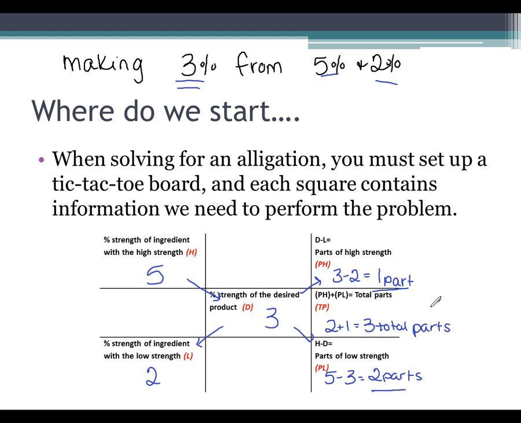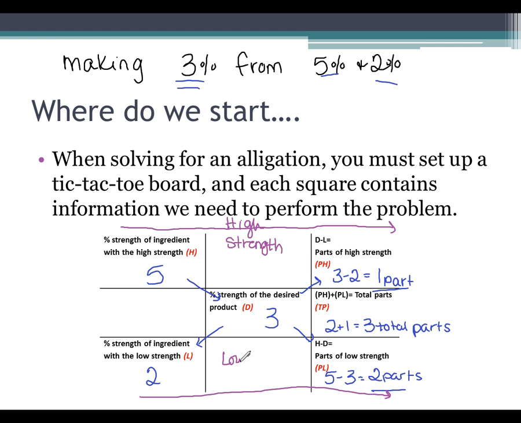One thing that I would like to point out is that everything going across the top of this tic-tac-toe grid goes with my high strength. Anything going along the bottom of the tic-tac-toe grid is my low strength.